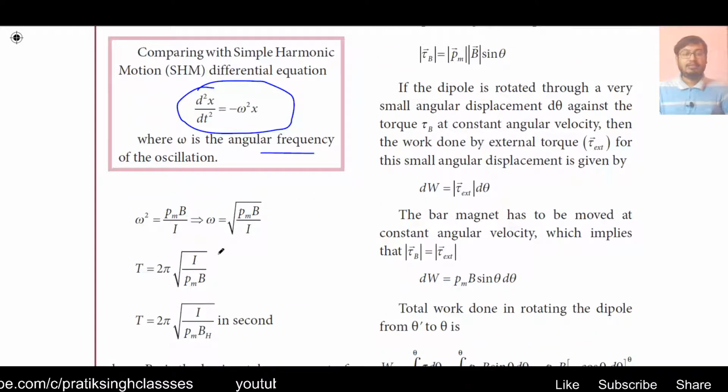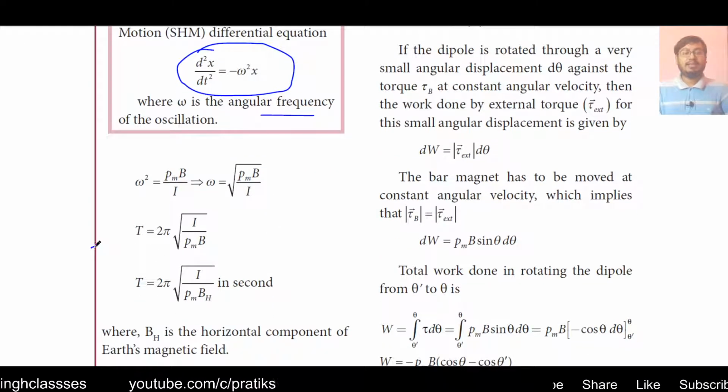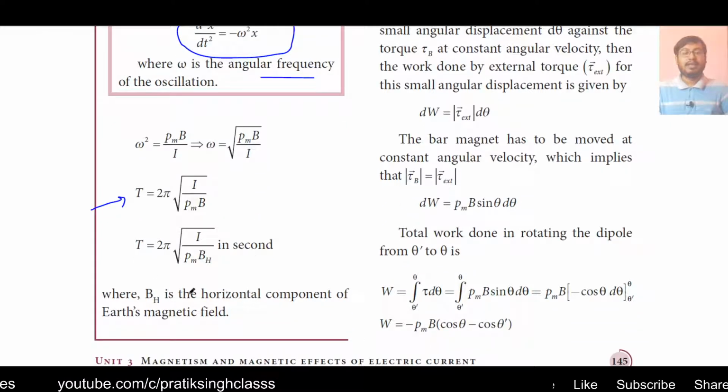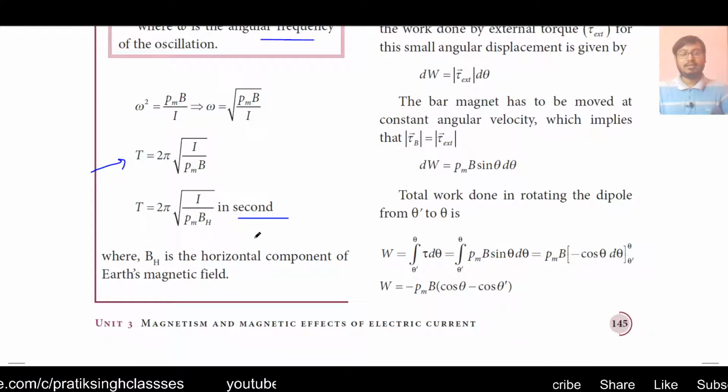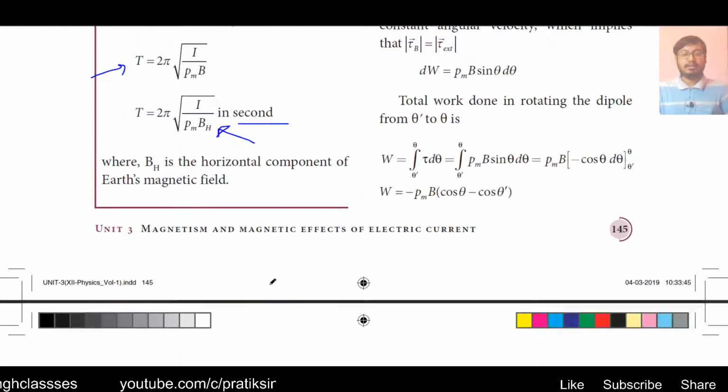Then ω² = PmB/I, or ω = √(PmB/I), or time period T = 2π√(I/PmB), that is 2π√(I/PmBh) in seconds, where Bh is the Earth's horizontal component of magnetic field.